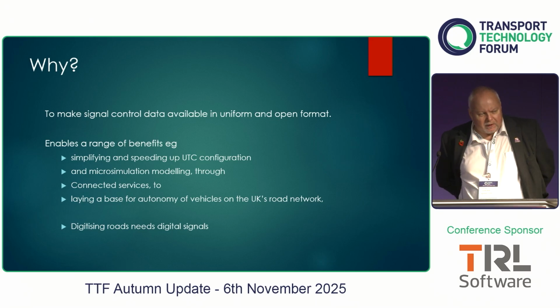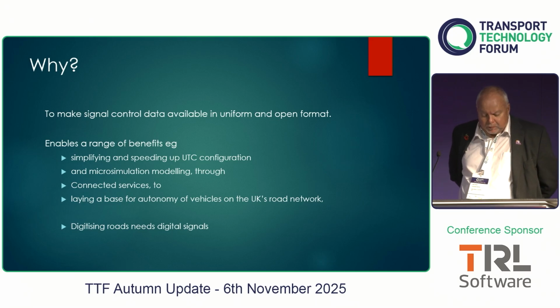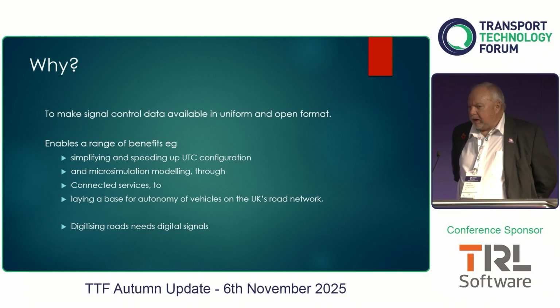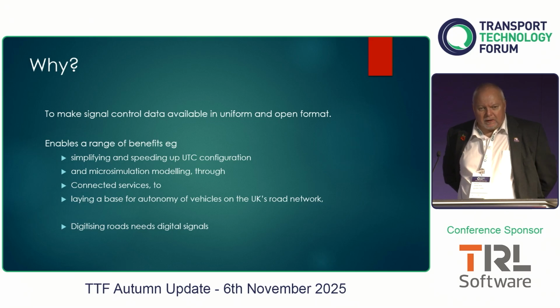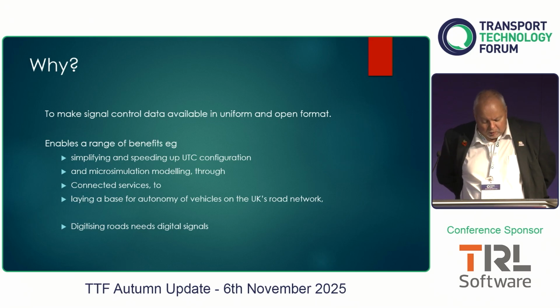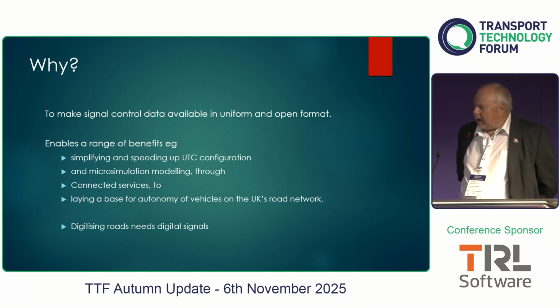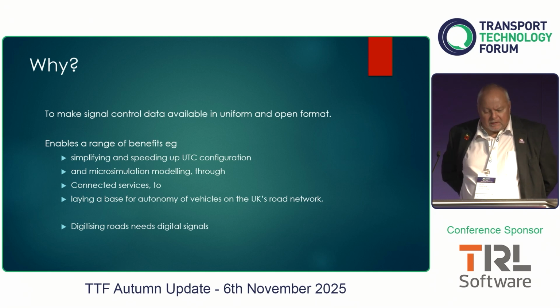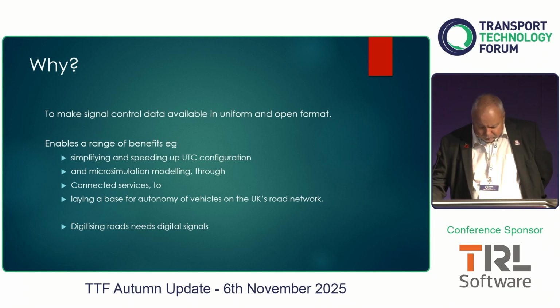And we say the word base very carefully, and that it's still potentially some time away, but we can't see really automated vehicles driving around and hoping to sense what's going on in a set of signals. So in other words, digitising roads needs digital signals.